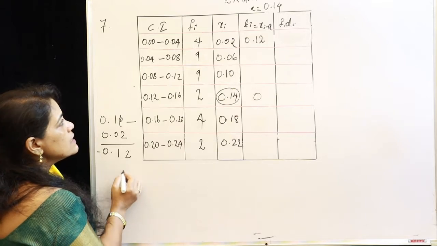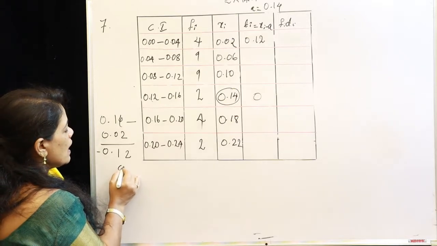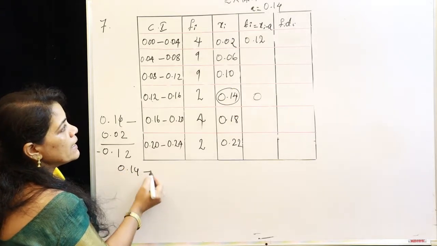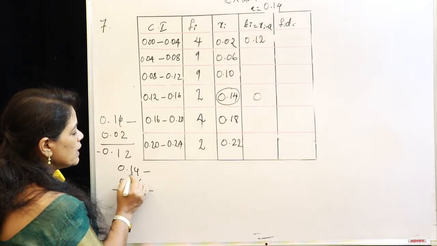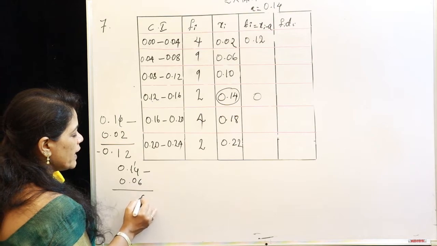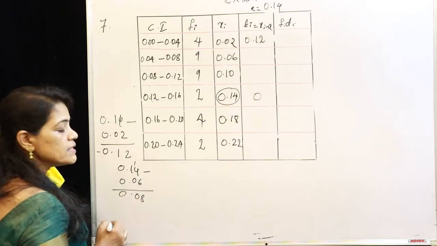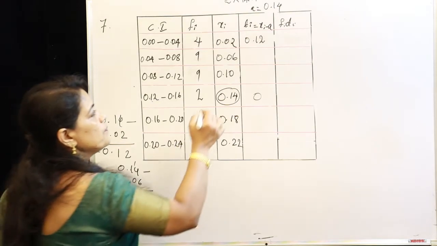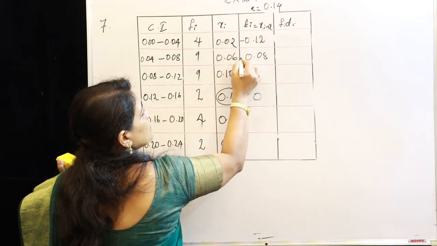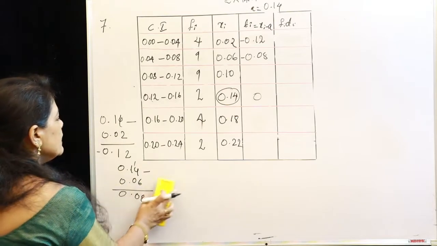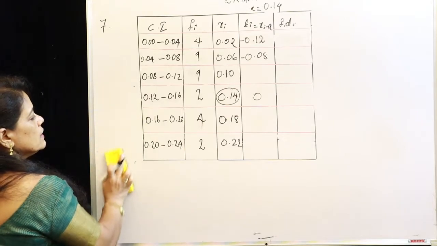Next, 0.14 minus 0.06, borrowing, gives 0.08, also negative.